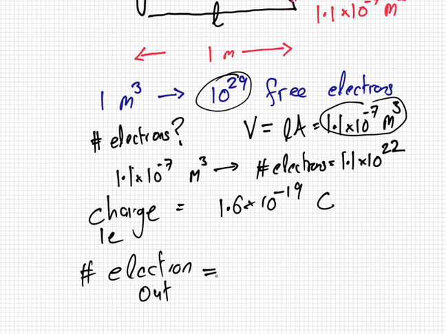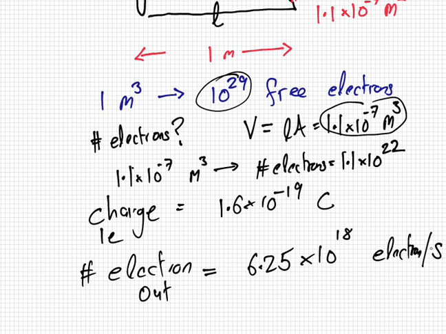I want to know how fast they're coming out at. That's what I'm working to. It's not really a question, it's more just a bit of theory. So it is 6.25 times 10 to the 18 electrons per second. That's how many come out.